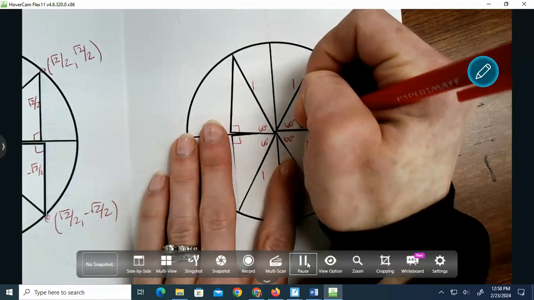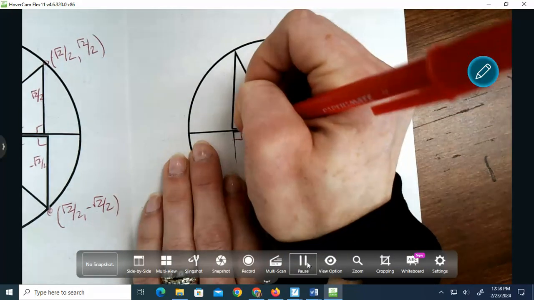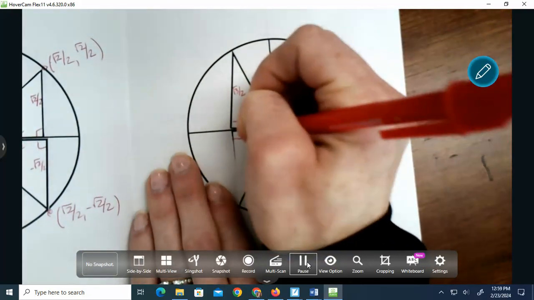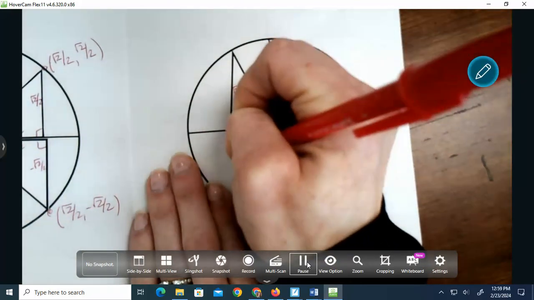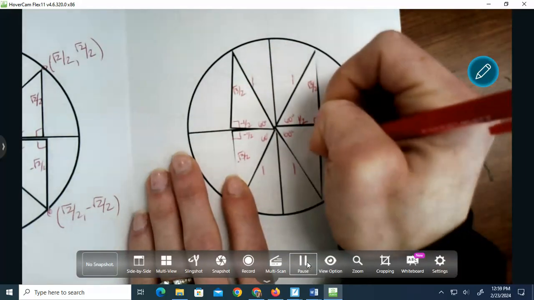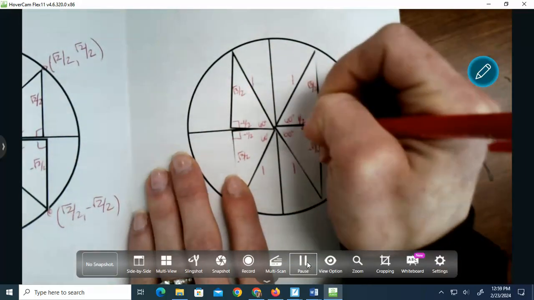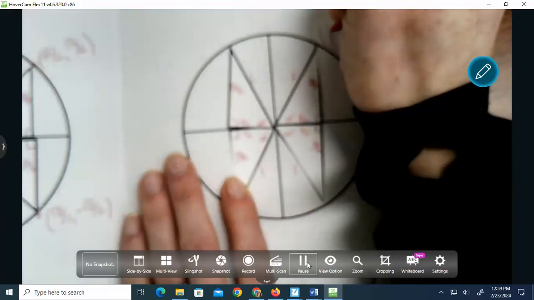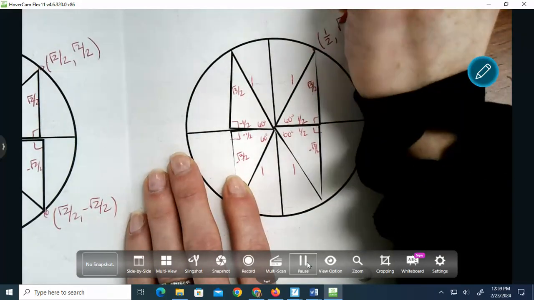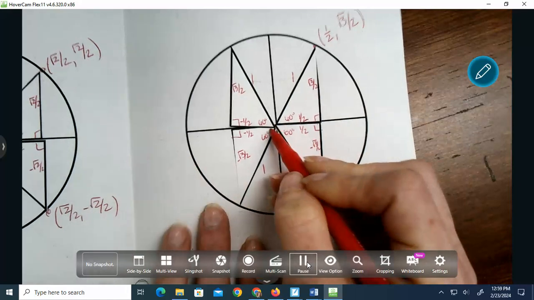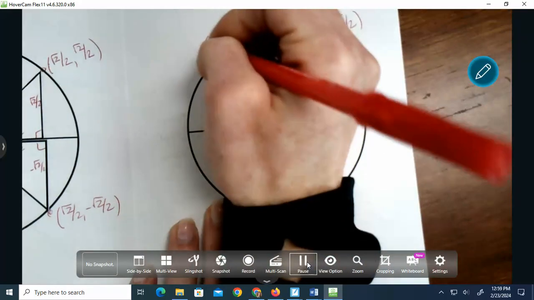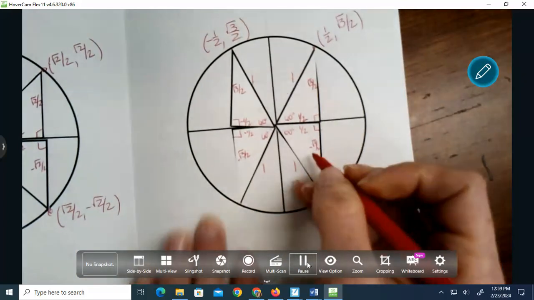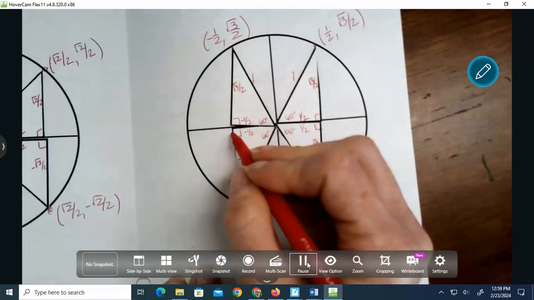And the side opposite the 30 was 1/2. So my points: x went over 1/2, y went up radical 3 over 2. So this x, we went back 1/2, and we went up radical 3 over 2. Okay, we went down.